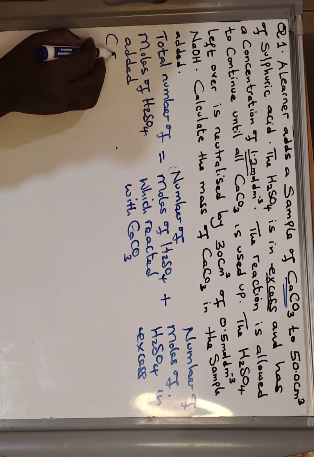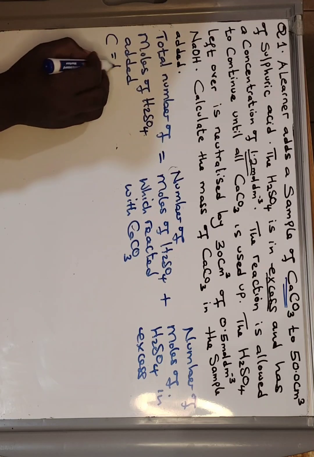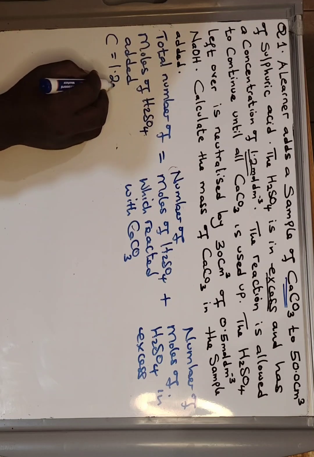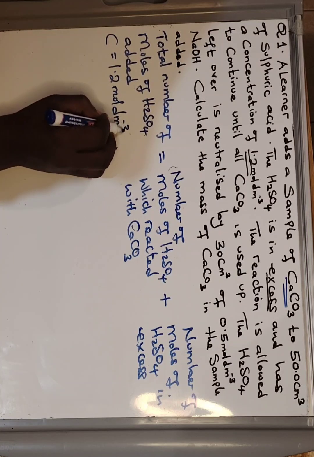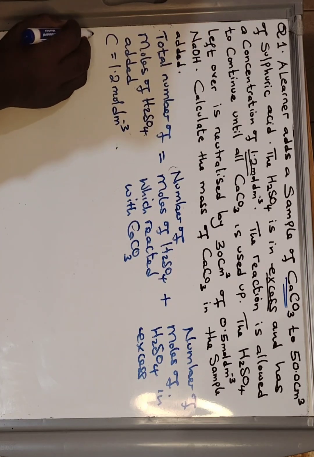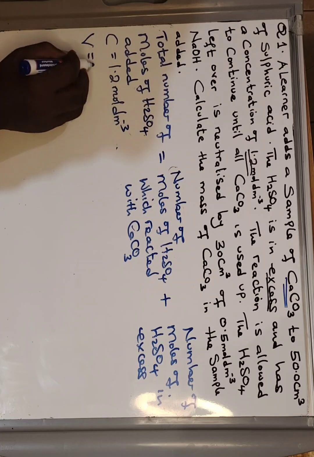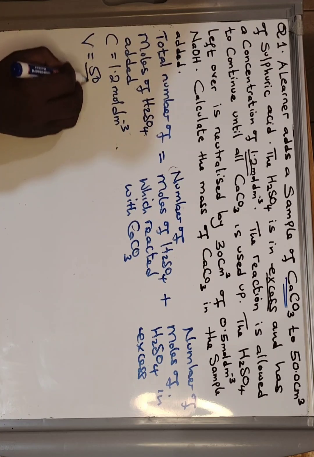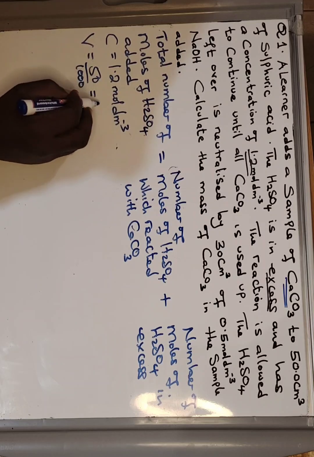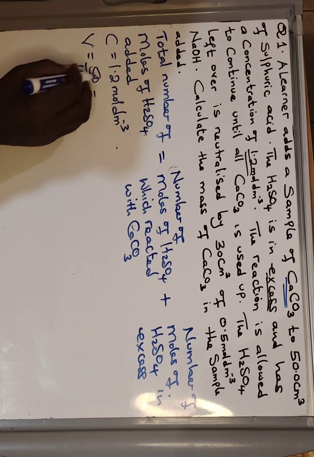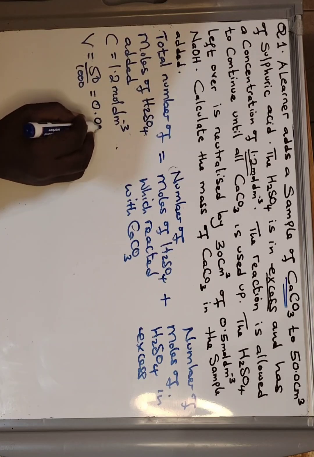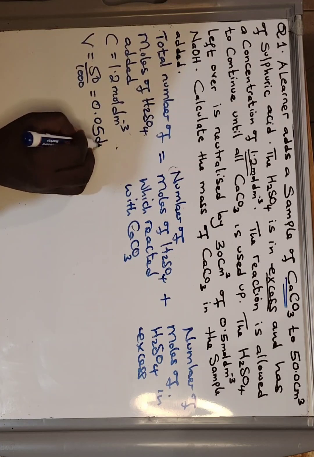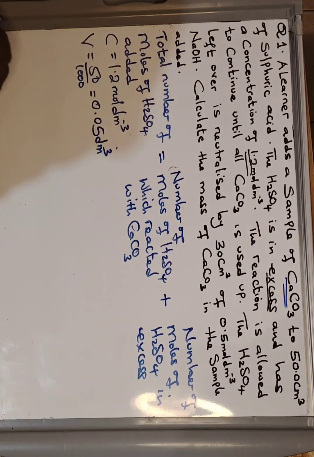Because they gave you the concentration, which is 1.2 moles per cubic decimeter. They gave you the volume, which is 50 cubic centimeter, but I can divide it to get cubic decimeter, and now you get 0.05 cubic decimeter.